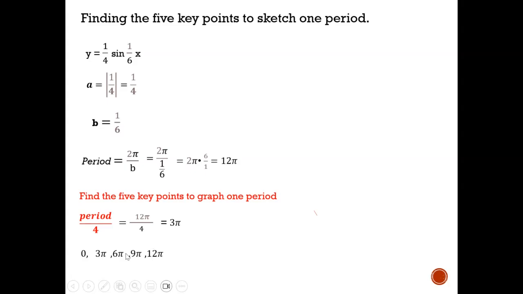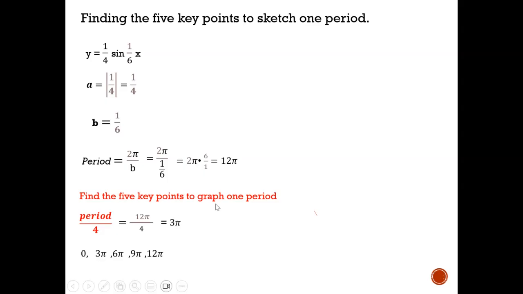Like when we start with 0, 1, 2, 3, 4, and so on, everything has one unit of space. Here, everything is going to have 3 pi of space. So every unit will be like 3 pi.